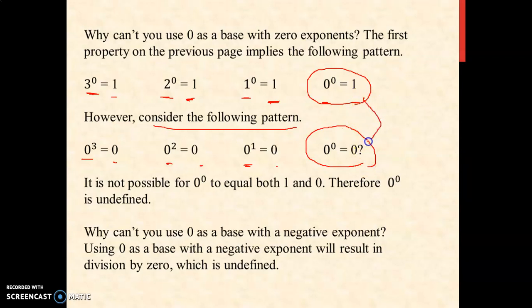Okay, compare these two. It says there, it is not possible for 0 to equal both 1 and 0. So 0 raised to 0 is equal to 1, and 0 raised to 0 is equal to 0. That is questionable. That's why it says here, it is not possible for 0 raised to 0 to equal both 1 and 0.